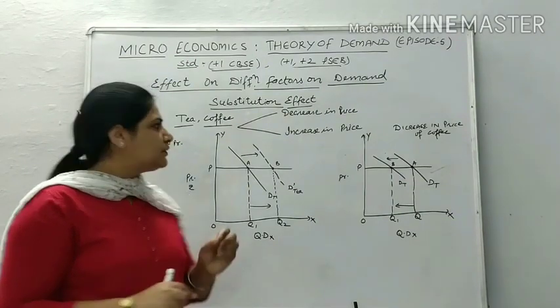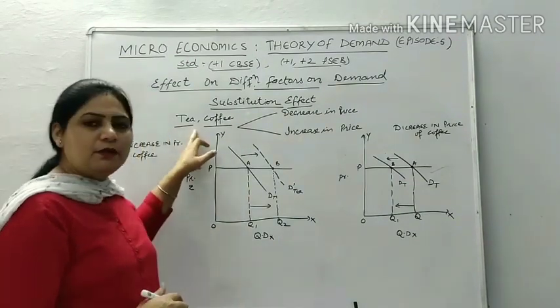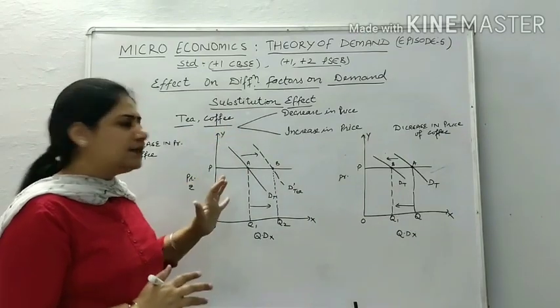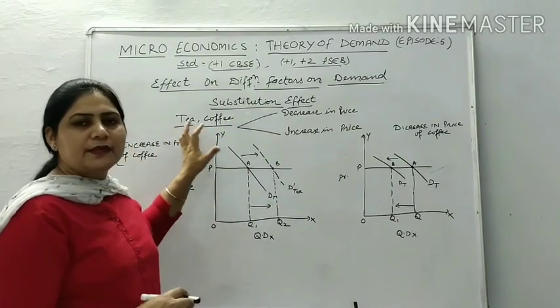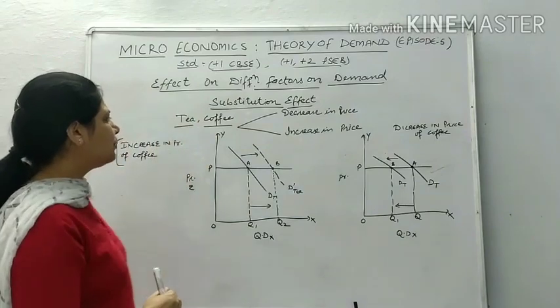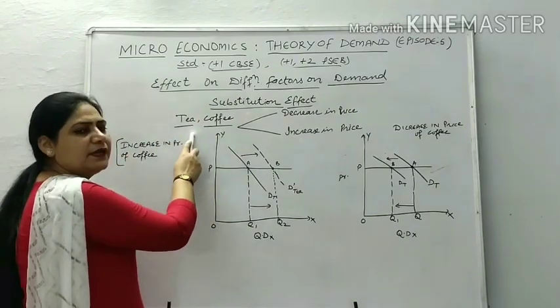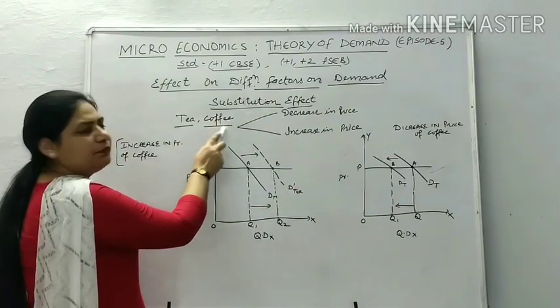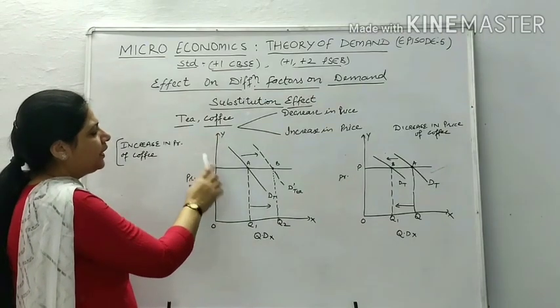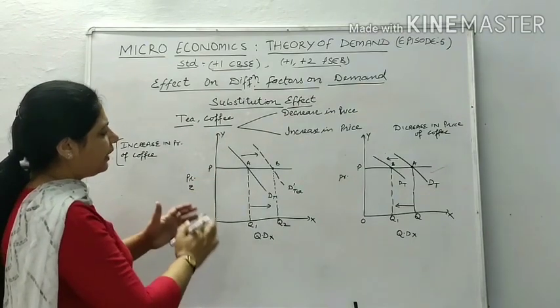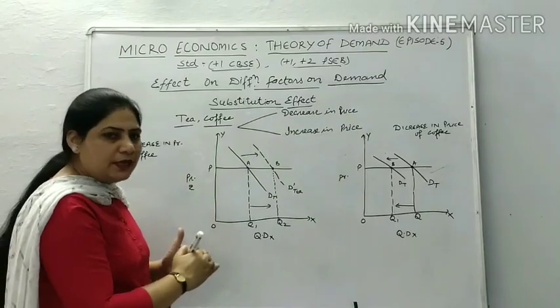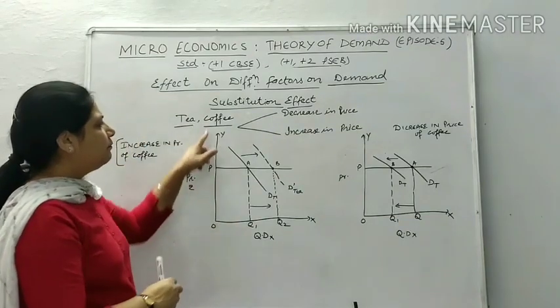Suppose I am taking the example of tea and coffee. I consider tea and coffee as an example of substitute goods. A person can use tea in place of coffee. I am here taking the effect of the price of coffee on the demand for tea by a consumer.